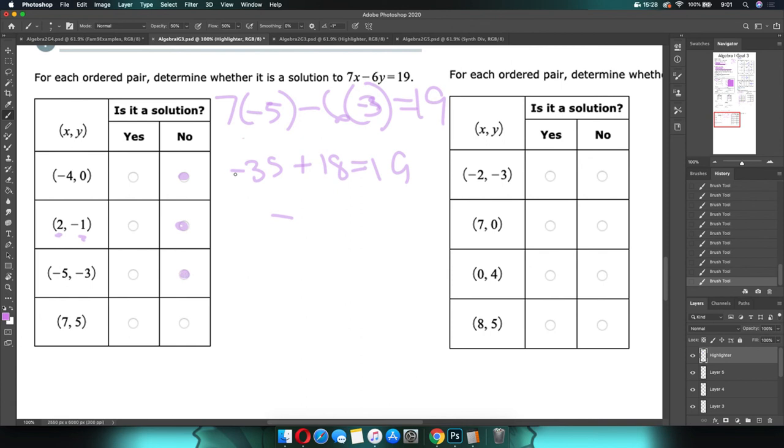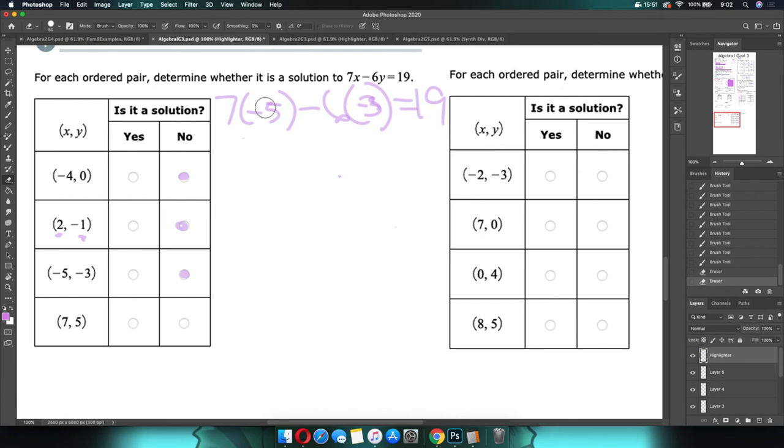I know negative 35 plus 18, whatever answer I have, it's going to be negative. The 19, the number that I'm trying to reach, has to be positive. So I don't need to go through the extra computation. We can if you want to. So negative 35 plus 18 is negative 17 equals 19, and we proved ourselves correct.